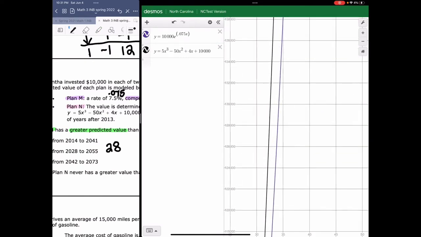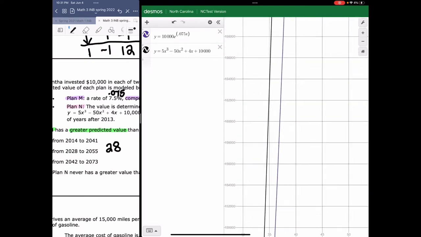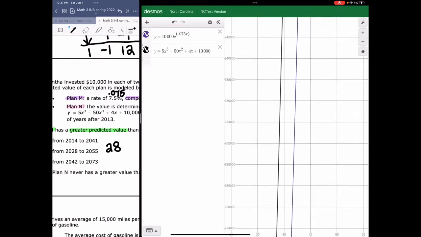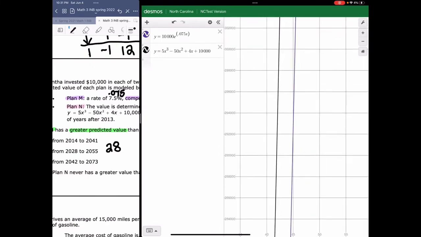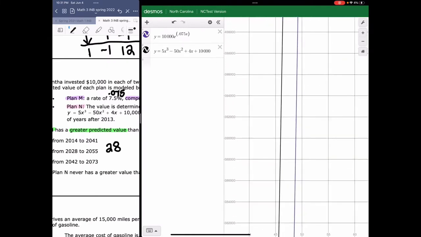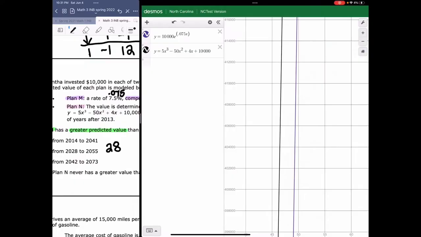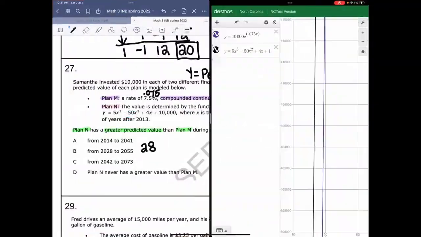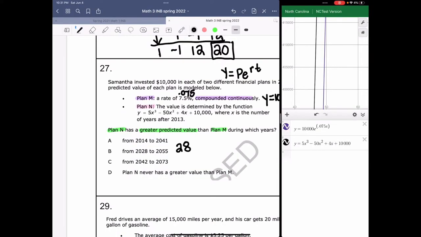It's still above, still above, still above. So our plan N is still above in this situation. So the question is, 28 years, when did it actually go above it? Well, if we started in 2013, then we're going to add 28 years to that.